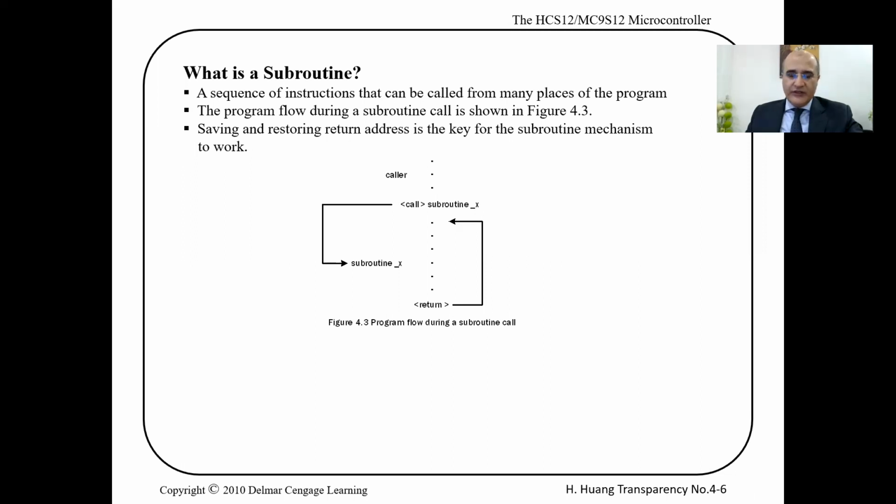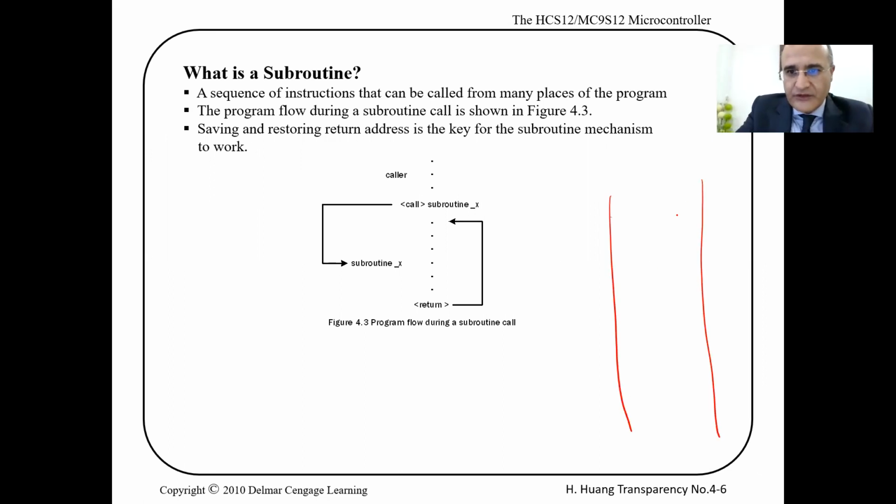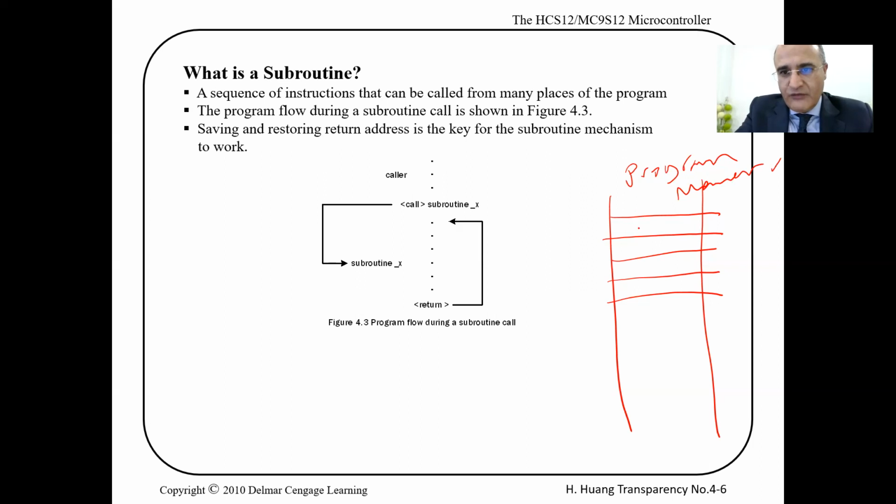A subroutine is a piece of code that is executed off sequence. We said that when we convert our program to machine code, it is in program memory, in the flash memory, and here you have your instructions.